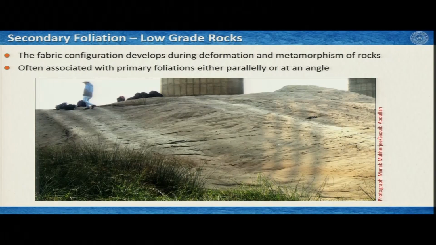So, what we see here, this alternating lighter and darker bands. This is quite a thick dark band, and then we have again one lighter band, and so on. So, this is a darker band and this is alternating lighter and darker bands. Now, this defines your sedimentary or primary foliation.